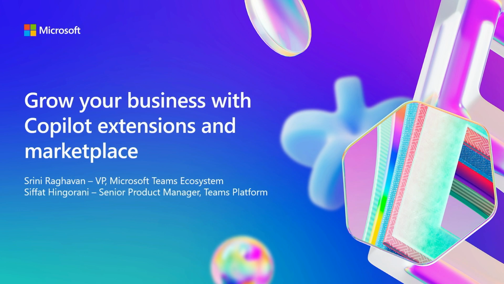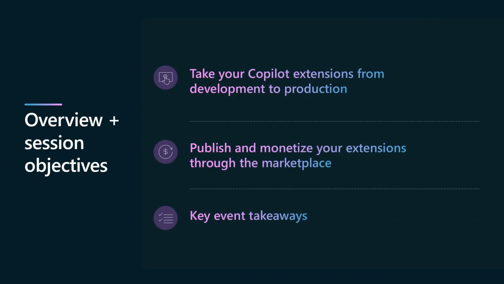So what we will do today, I have three things that I want to walk you through. Specifically, number one, we'll take you through the whole process of what it takes to build a Copilot extension and customize a Copilot, all the way to publishing it and monetizing it. What's the process in which you go through that?